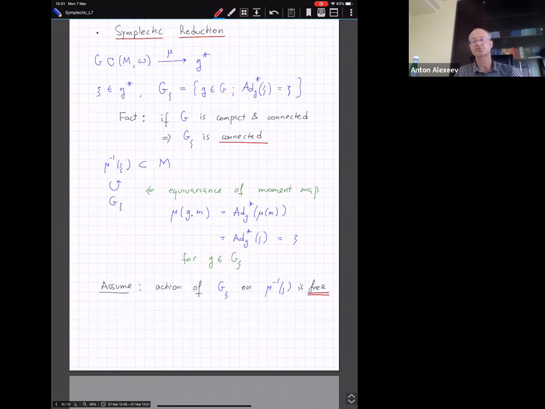This is a sort of strong assumption, but for our purposes, it's probably okay. Usually people work with weaker assumptions.